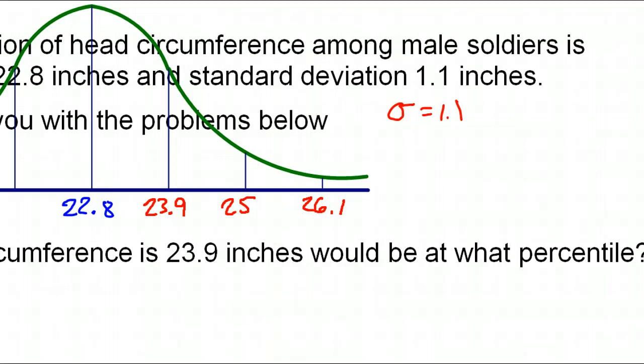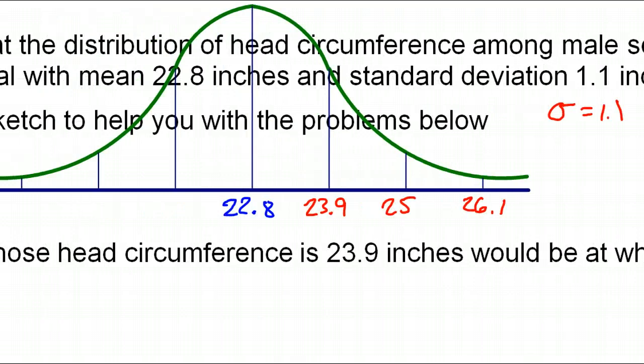Now going in the opposite direction, I will have 21.7. I'm just subtracting 1.1 over and over again. That's going to be 20.6, and 19.5. Okay, this should help me answer these questions.